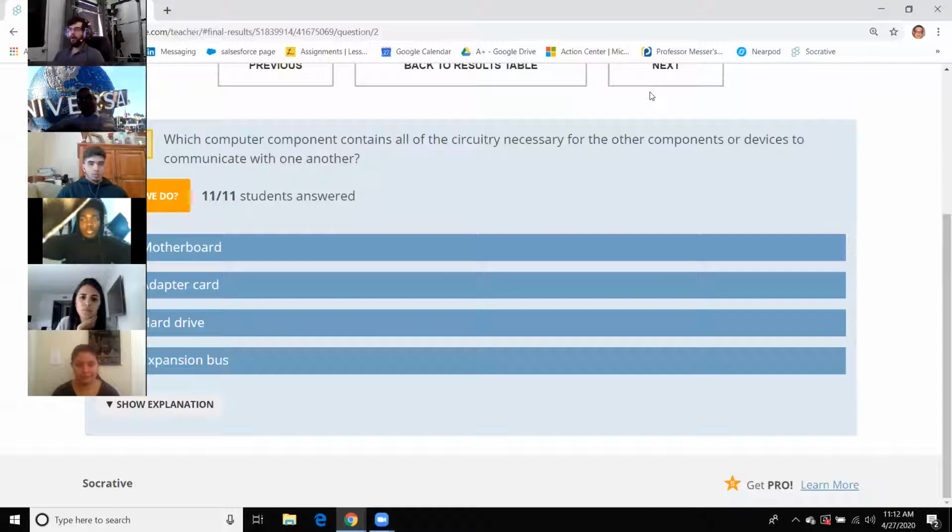Number 2, which computer component contains all of the circuitry necessary for the other components or devices to communicate with one another? Anybody? That was A. Motherboard.